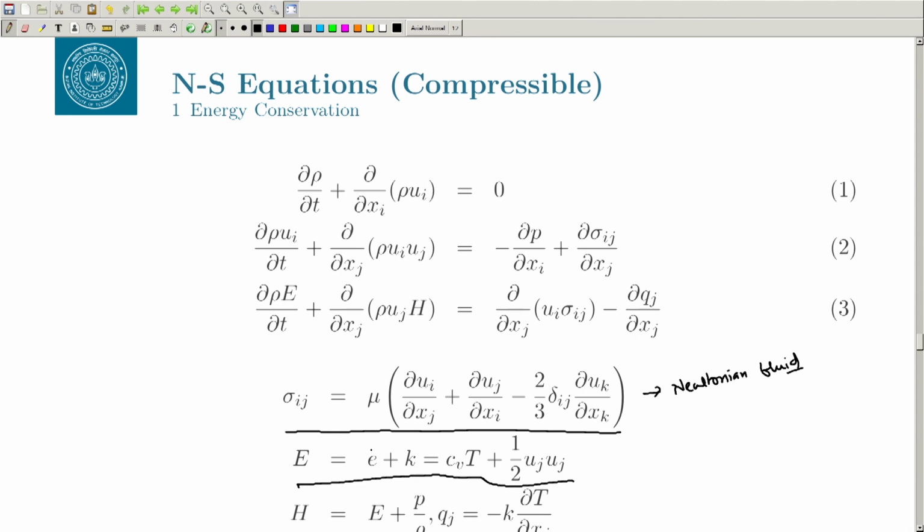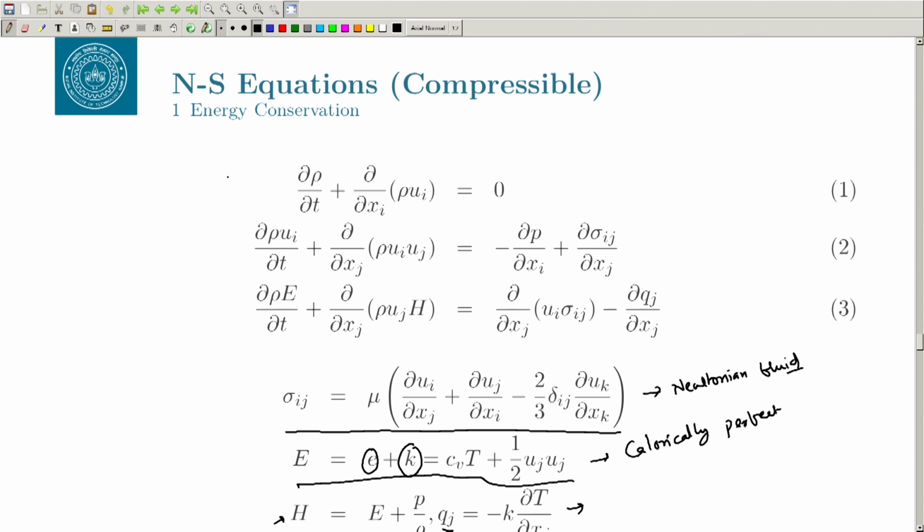So it has both internal energy as well as kinetic energy, and for a calorically perfect gas we can write it like this, and H is basically enthalpy. You can also write in terms of E, and this is the conduction term Qj.